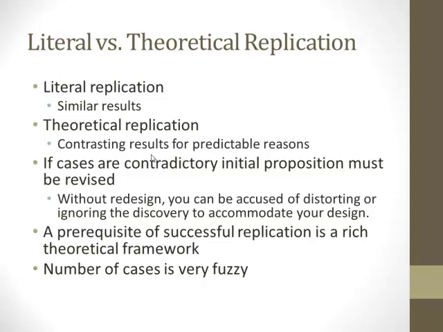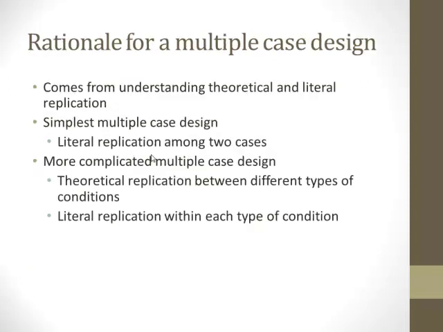In order to design a replication experiment or case study, we need to be able to pinpoint the characteristics which are most likely to be a good candidate for a replication. The number of cases is very fuzzy. There is no guiding light: 3 cases, 4 cases, 5 cases, 10 cases. There's no bottom line number of cases that we have to give.